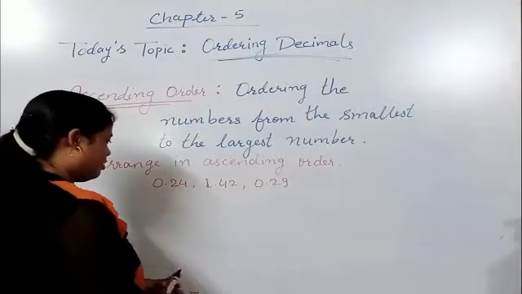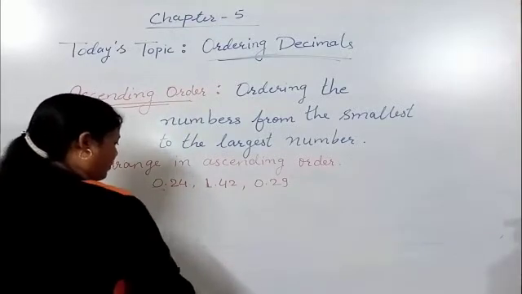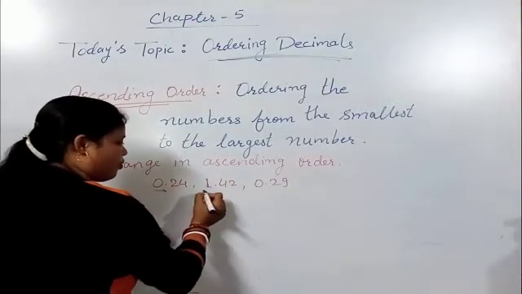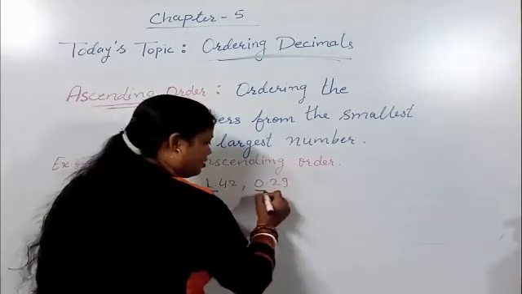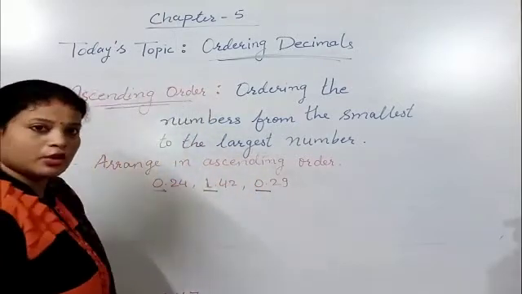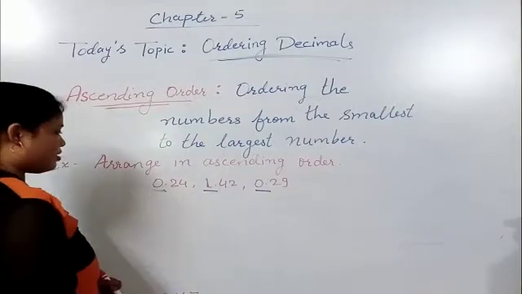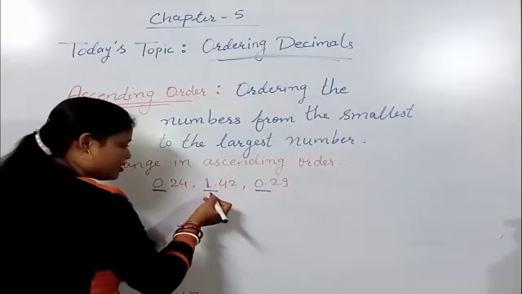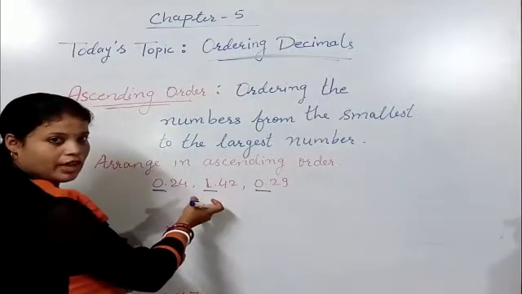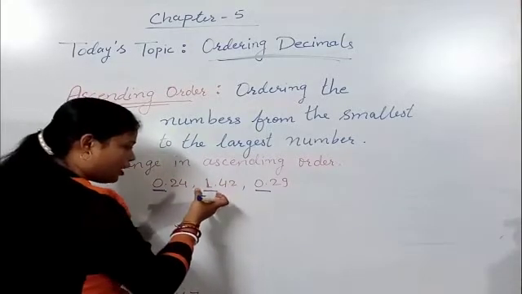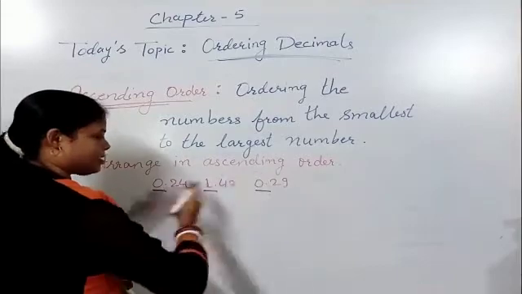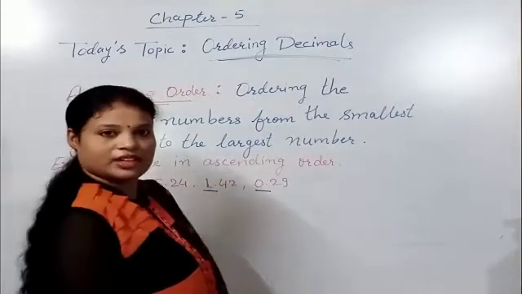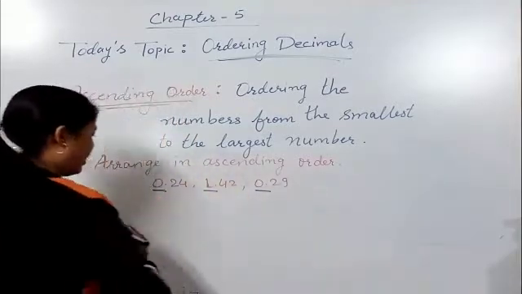Here it is 0, here 1 and here 0. First we know that 0 is smaller than 1, and 1 is greatest among these three. Okay, so what will we write?